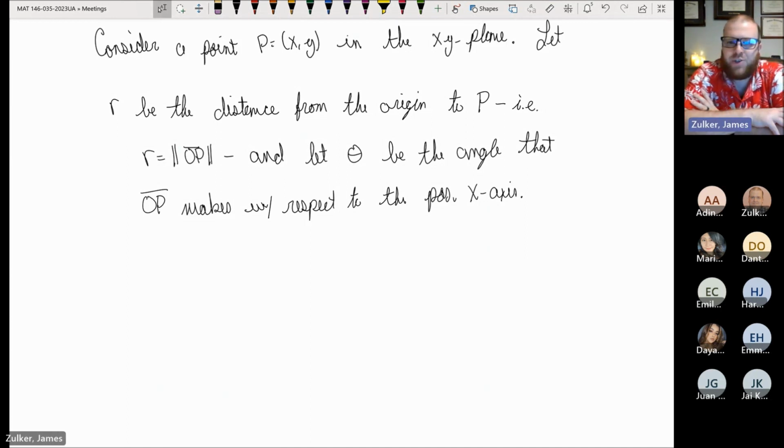Sine, cosine, tangent, secant, cosecant, and cotangent. As we will see by the end of the term, you actually only really need 2 of them.